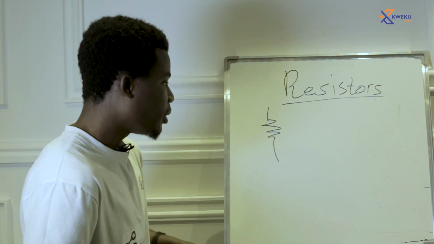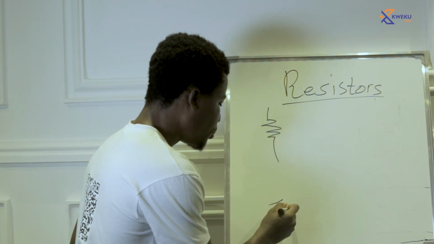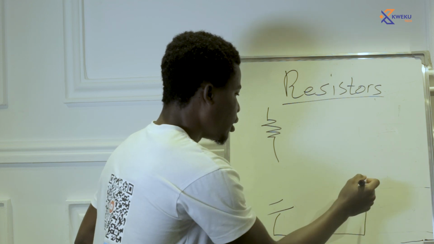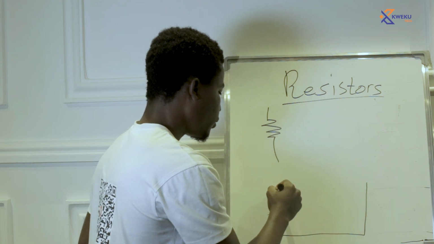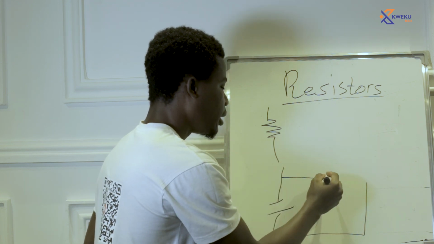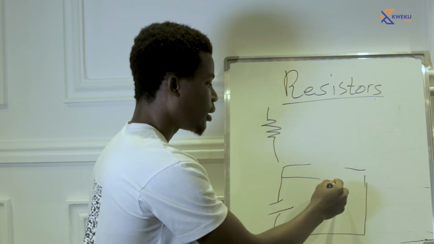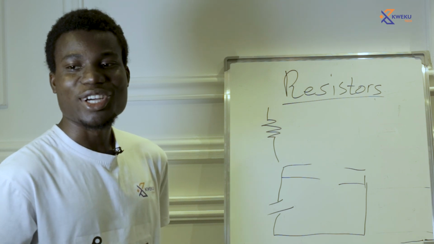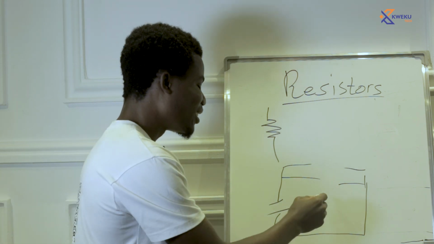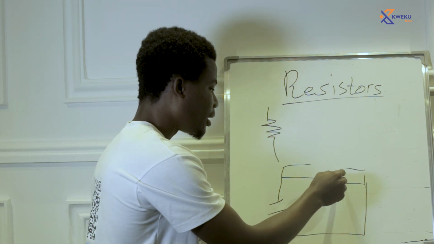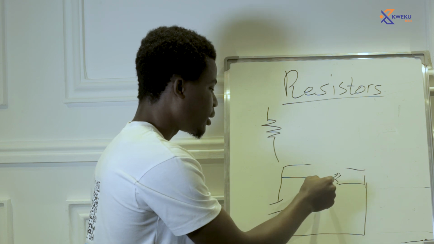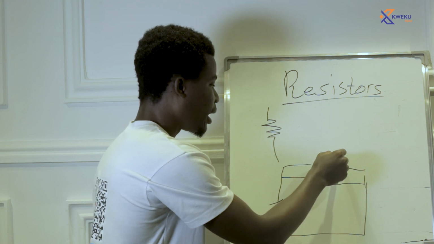It will be very, very impractical, right, to have, let's say, different, sorry, I forget the symbol for LED. I think it looks something like this, if I'm not wrong. Yeah, it should be something like this.